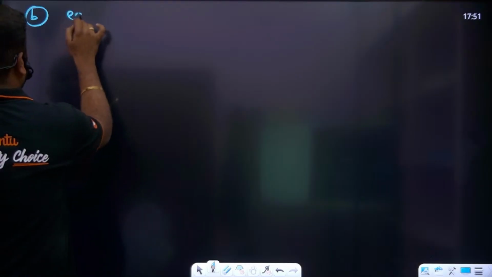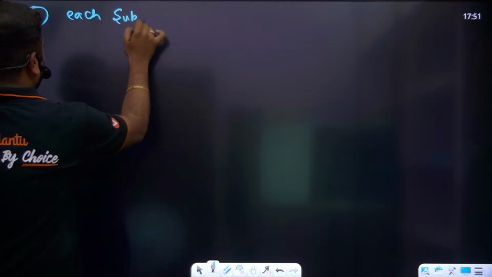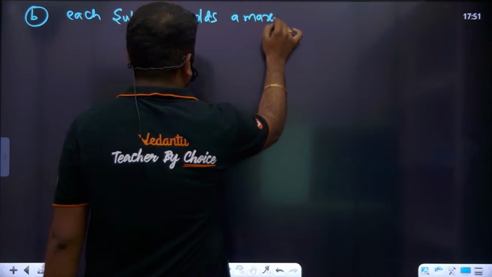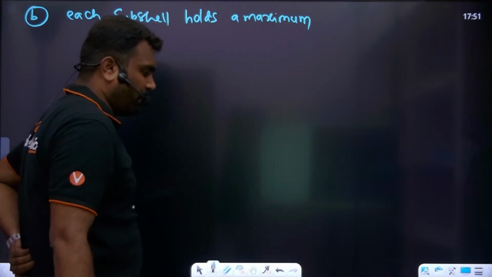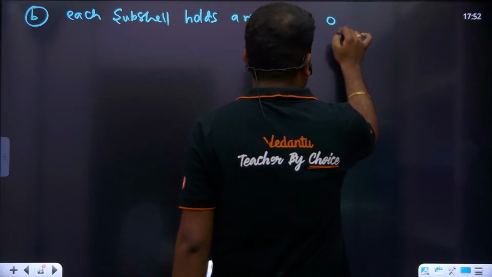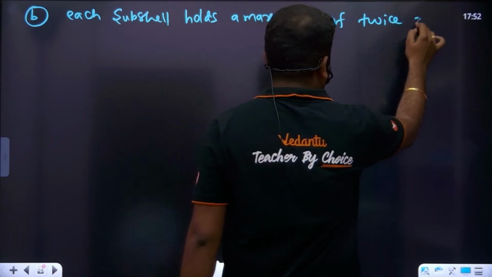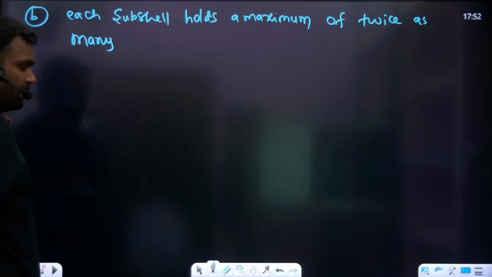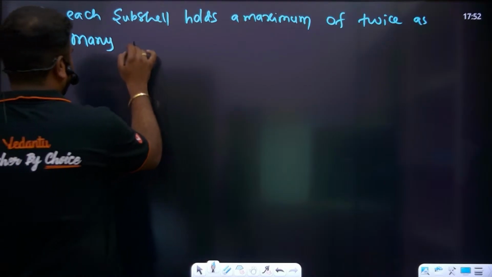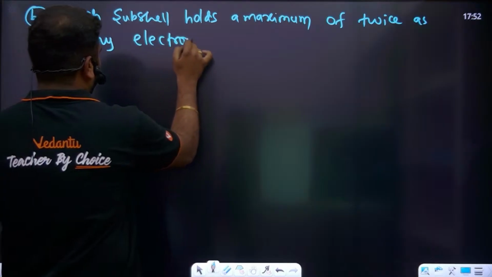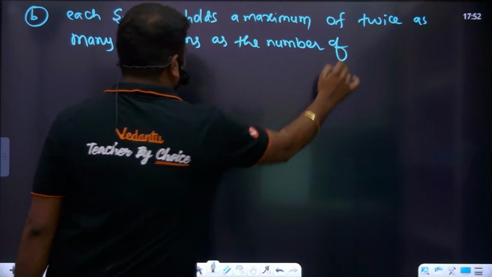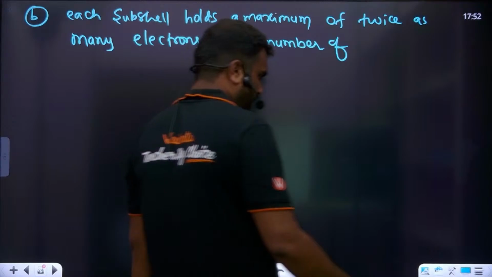Okay na, each subshell holds a maximum of twice as many electrons as the number of orbitals in the subshell.